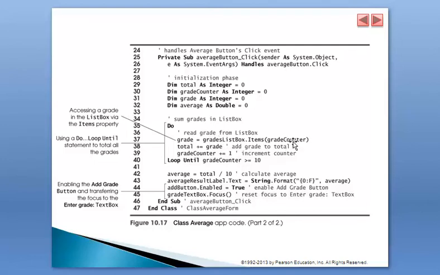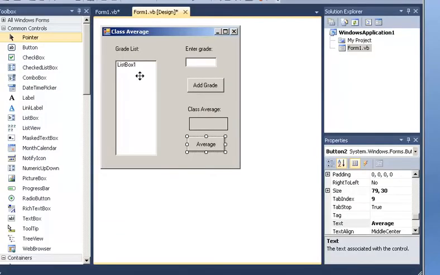Remember that the items inside a list box, we tell them apart with an index. The first element of the list is index 0, and then 1, 2, 3. So this is labeled from 0 to 9. The second grade will be the one with index 1, the third grade with index 2, and again the first one is index 0.